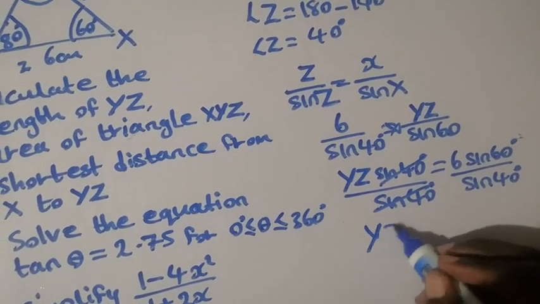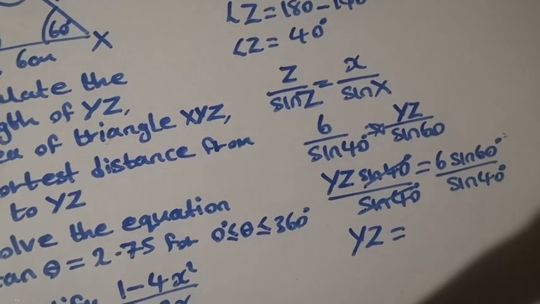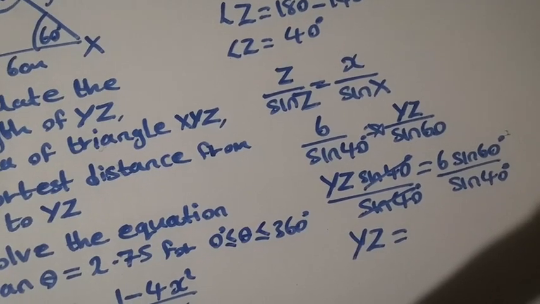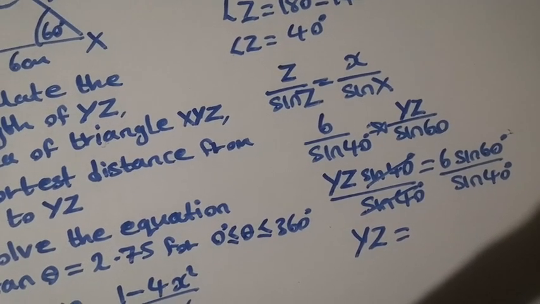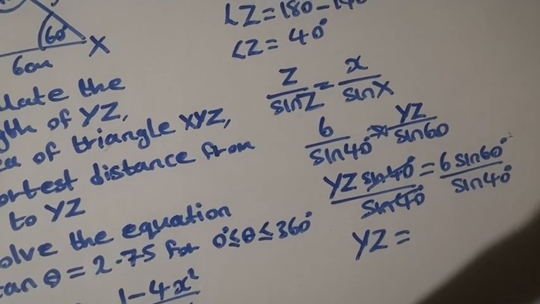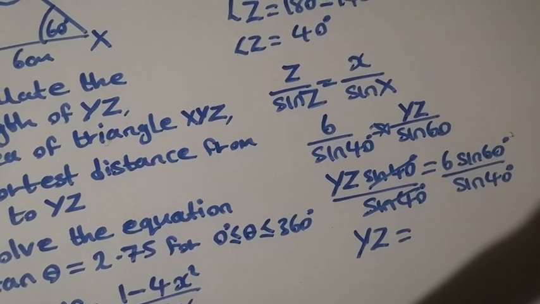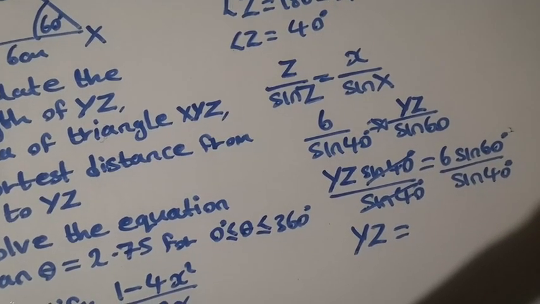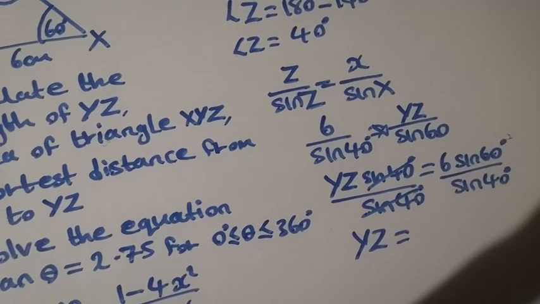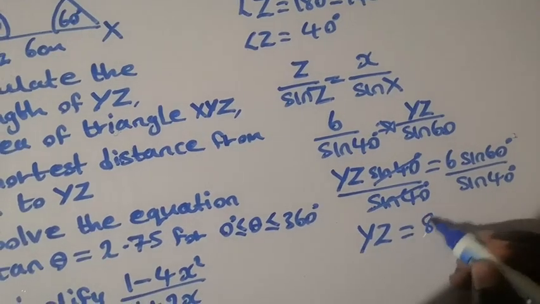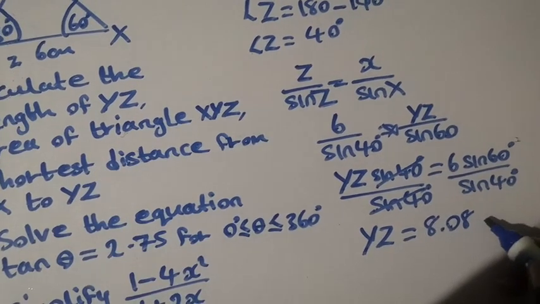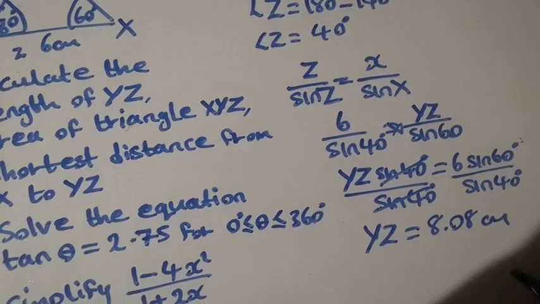Then we have YZ equal to, if you punch on your calculator 6 sin 60 divided by sin 40, it is giving us 8.08 centimeters.